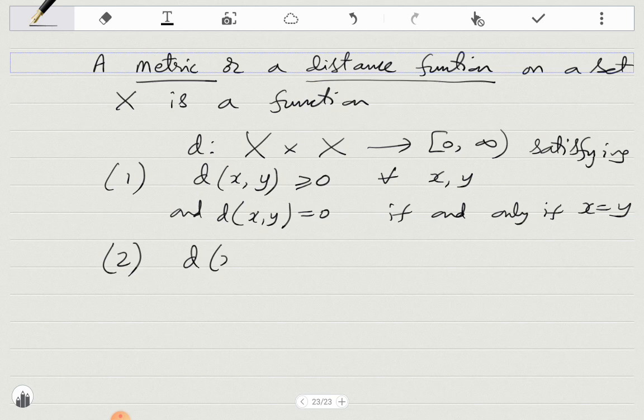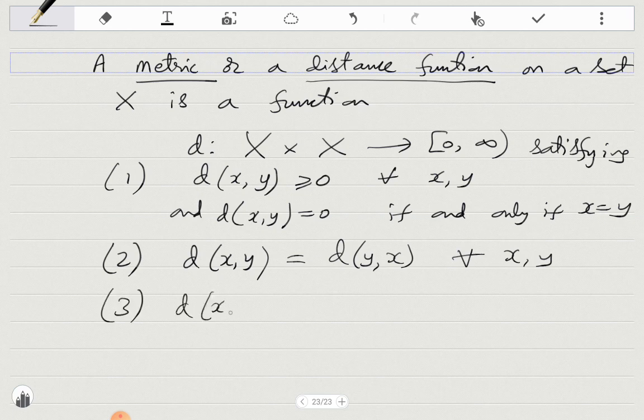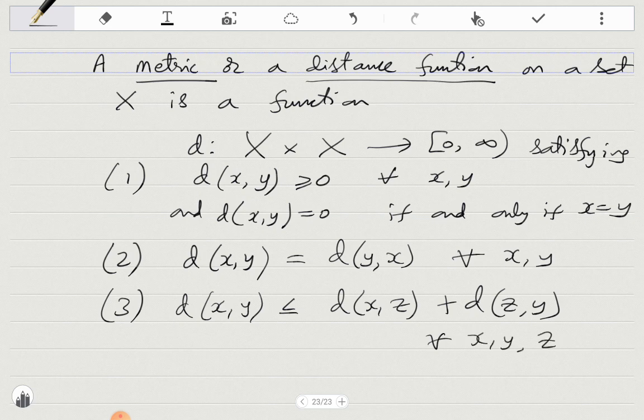The second property is that the distance between x and y equals the distance between y and x for all x, y. The third one is the triangle inequality: the distance between x and y is less than or equal to the distance between x and z plus the distance between z and y for all x, y, z.